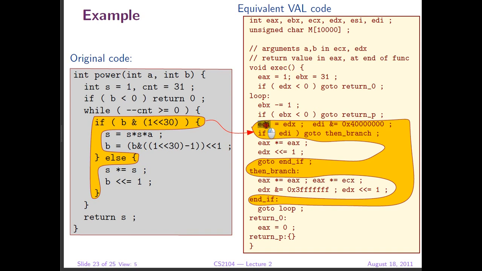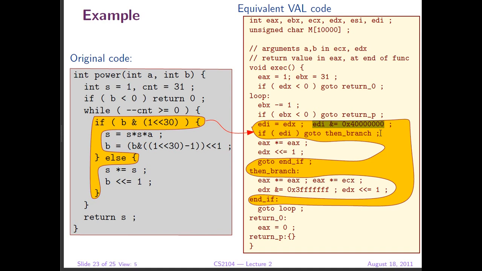So what we do is we save edx, which is the equivalent of b, into edi, and then we conjoin edi bitwise with the result of 1 shifted to the left by 30, right? So this is equal to this. Okay? So at the end of this instruction, edi contains the result of the Boolean test.